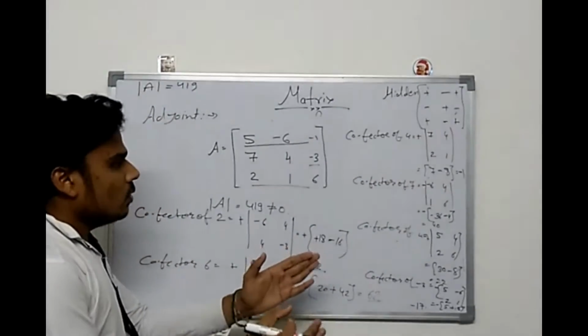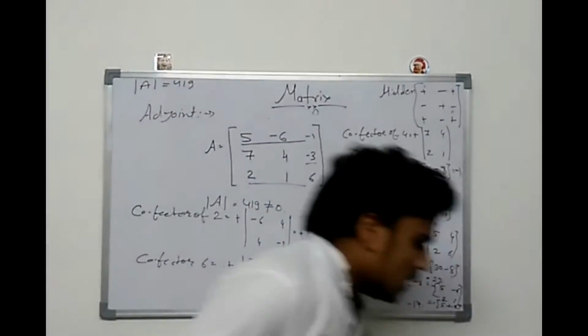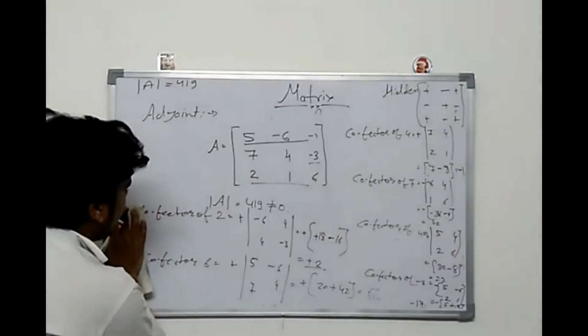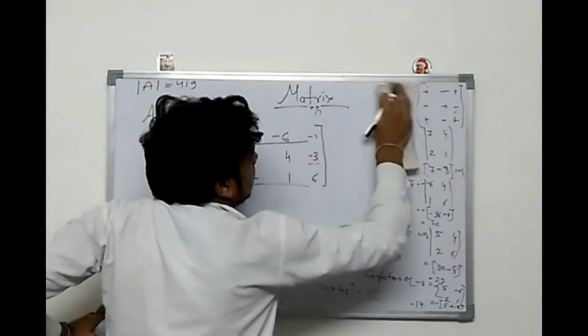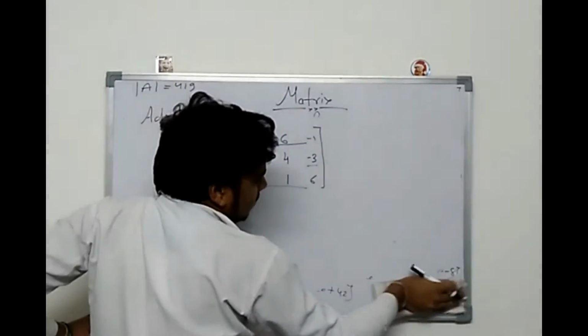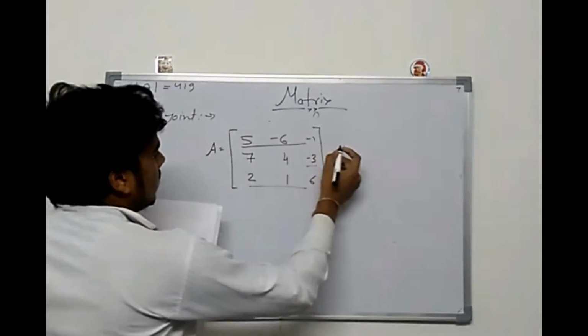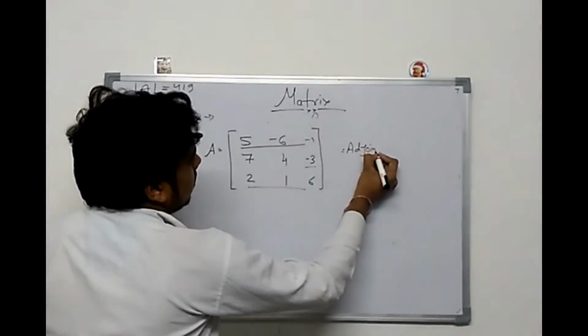All of the values will be put into this matrix, and inside the matrix all of the values, and what will our adjoint become? Adjoint.